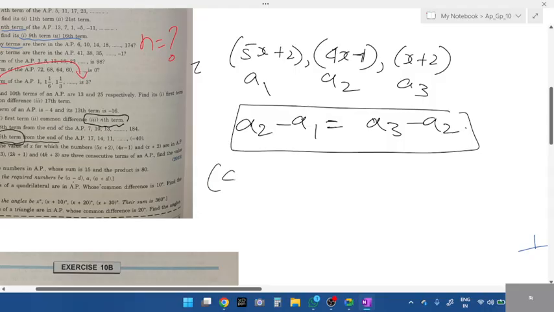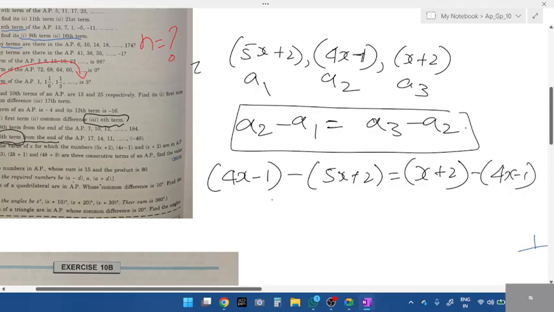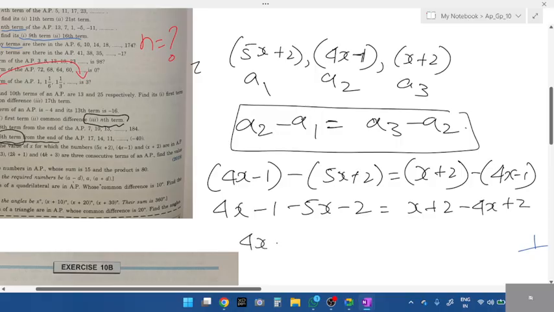Students completed? 4x minus 1 minus, what did you all get? When you open the bracket, minus 5x minus 2. Shift all the values. What do you get? 4x minus 5x minus x plus 4x.